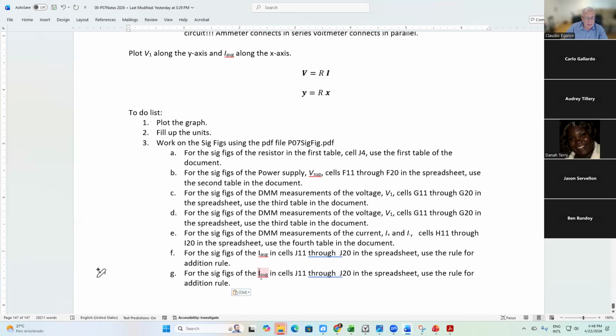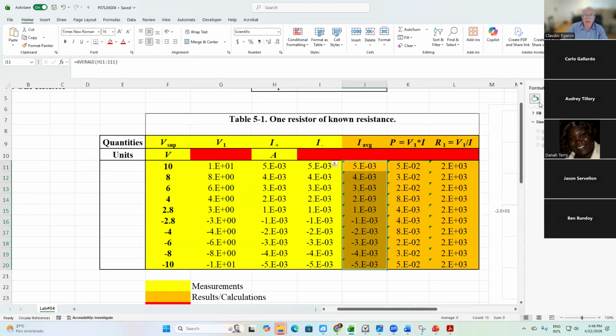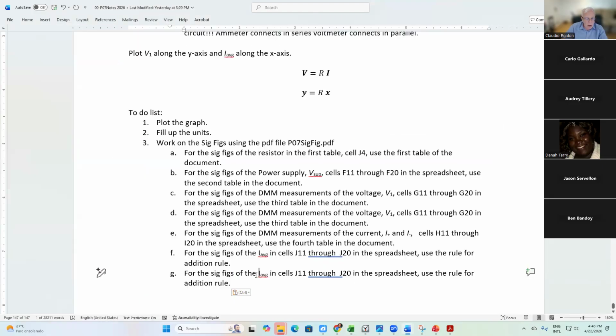For the significant figures of the power and R1, P and R1 in cells K11 through K20 and L11 through L20 respectively, in the spreadsheet, use the multiplication rule.